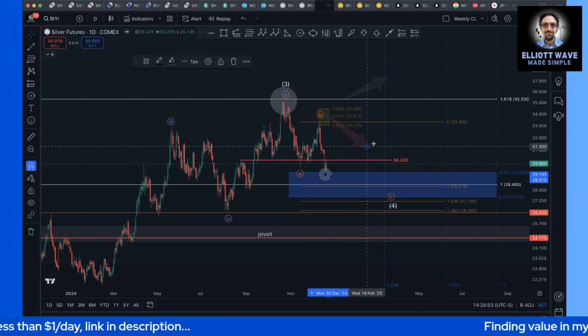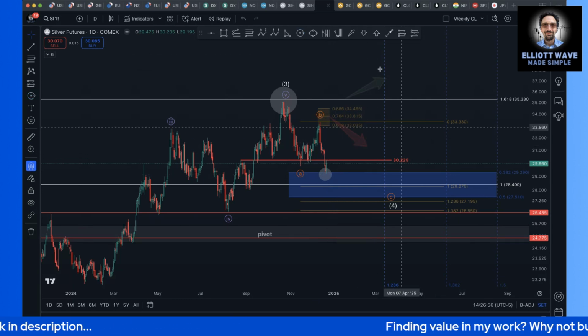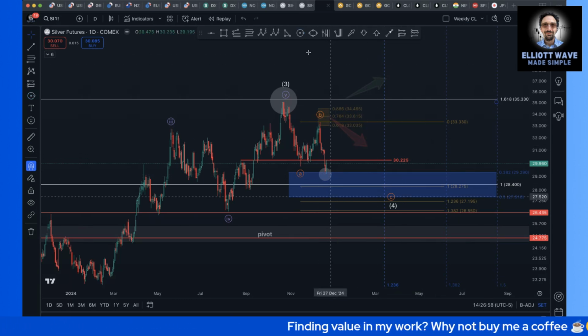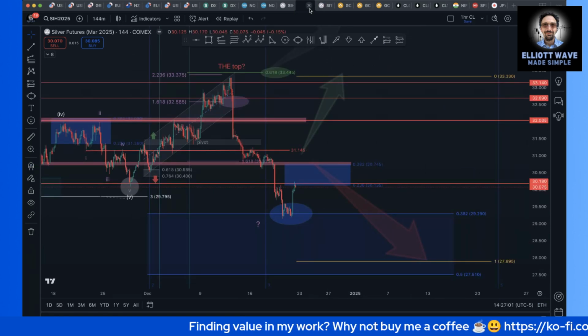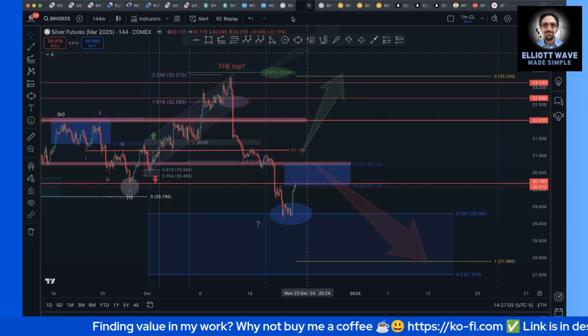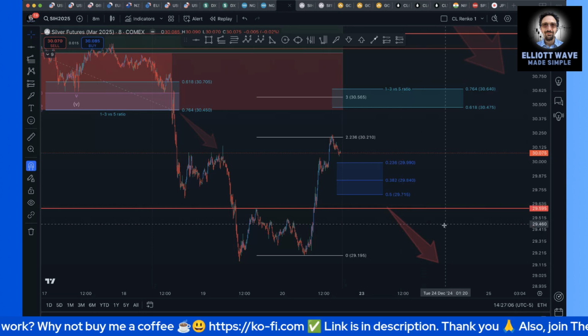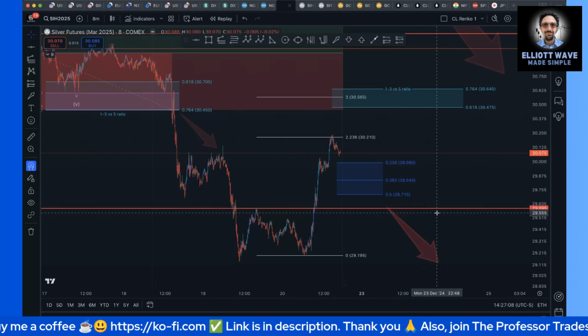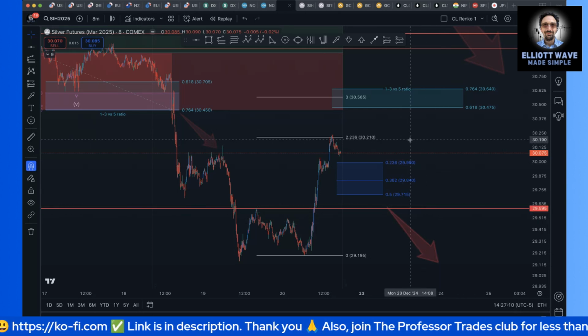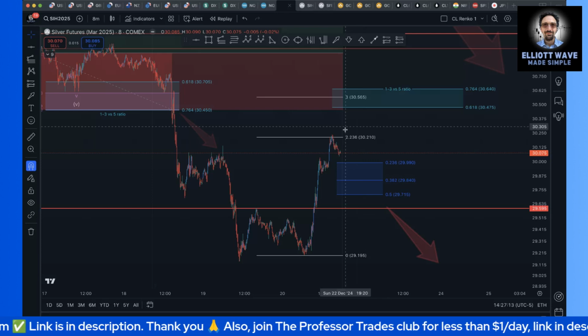Important piece of information, especially if you're trading options, for example, or selling puts down here, or selling spreads. So there, I've given you some parameters in silver. The big one on the downside is 29.60. And to the upside, it's really this last high.